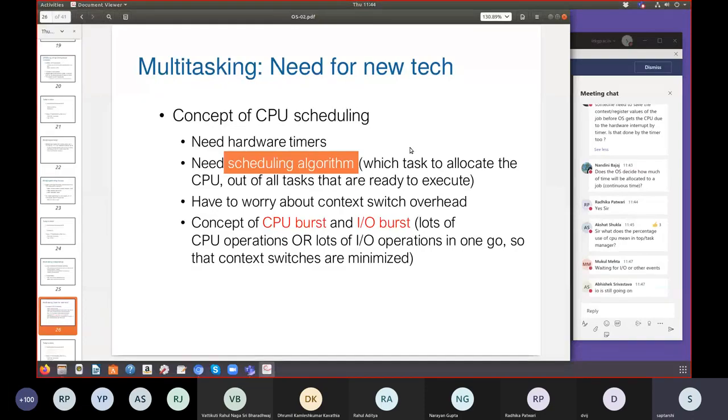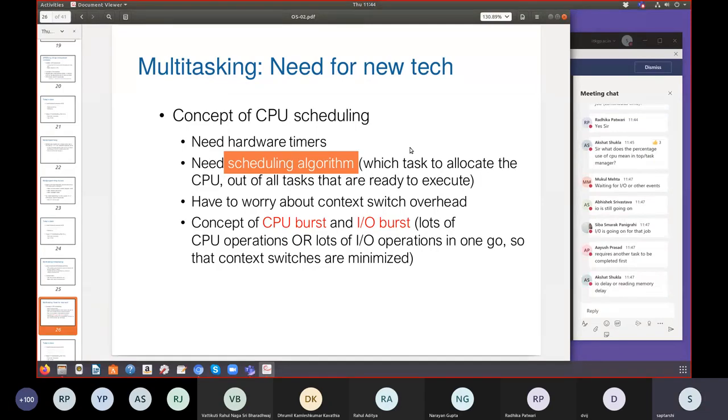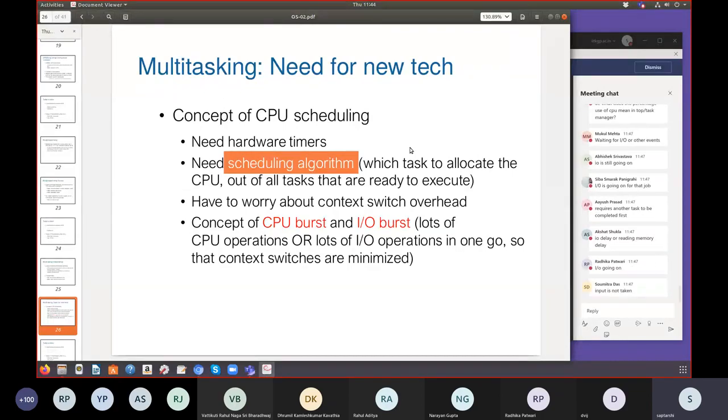Exactly. Maybe that job is waiting for IO. Or yes, what Ayush is saying is right. That's a good point actually. So some job may be there which is waiting for IO, or maybe is waiting for another task to be completed first. So there is no point in allocating the CPU to that job.